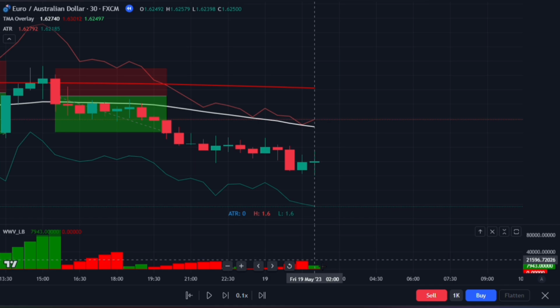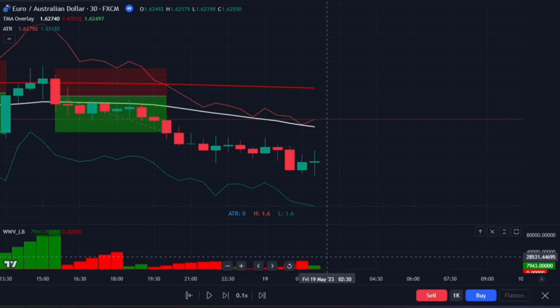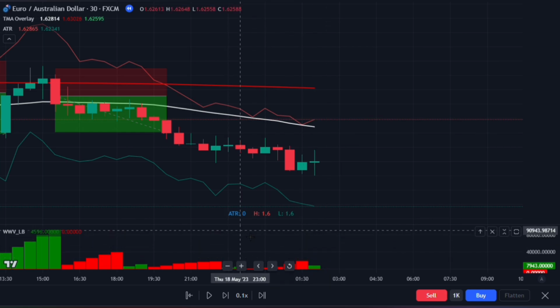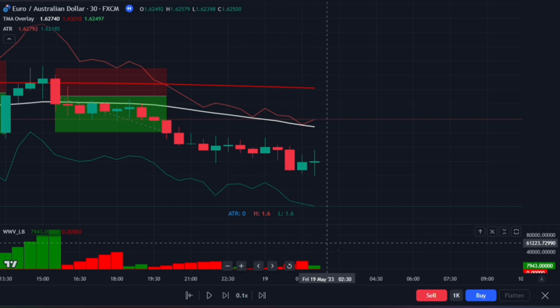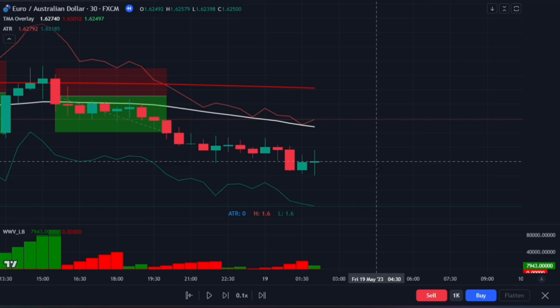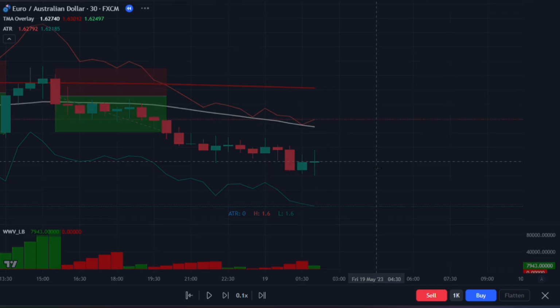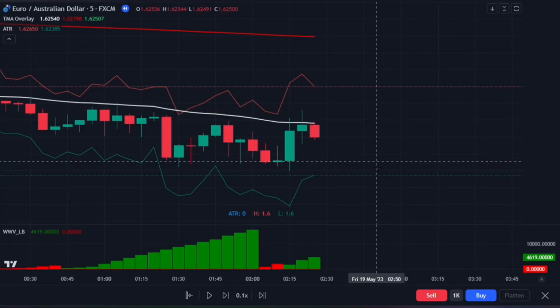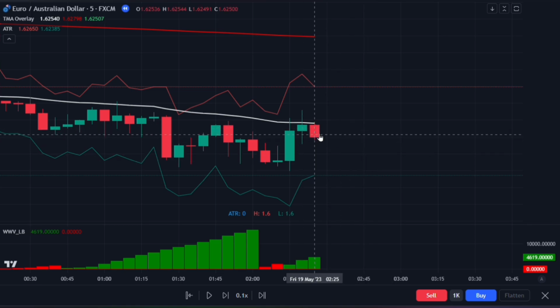Okay traders, we can see that we got a new column here, and the value of this column is 7,943, while the last green column is at 4,596, so we can see that this column is greater than this. Now what we have to do is this, we go back down to the 5 minutes time frame. And as we can see here, while on the 5 minutes time frame, we have price action below the 21 SMA.